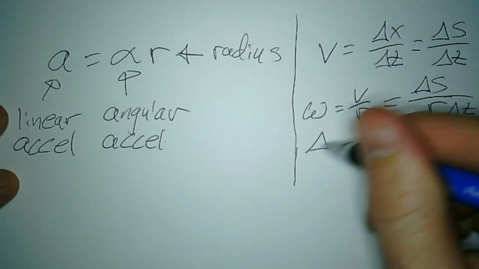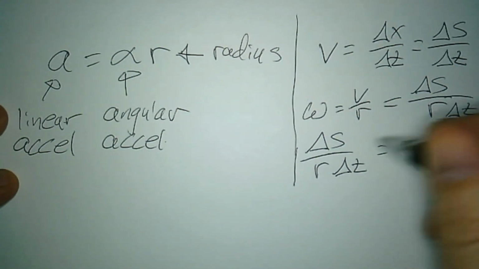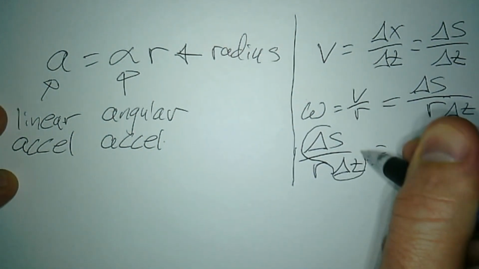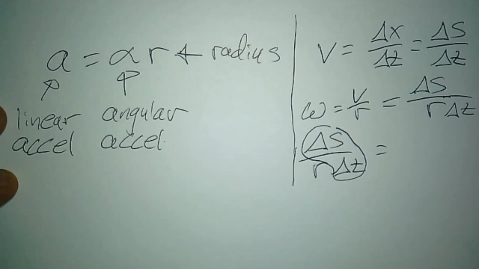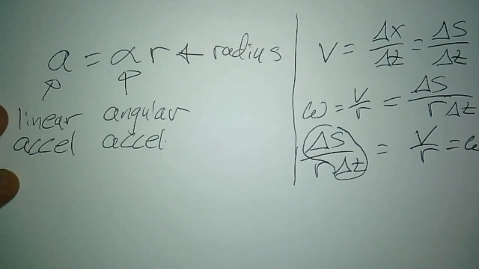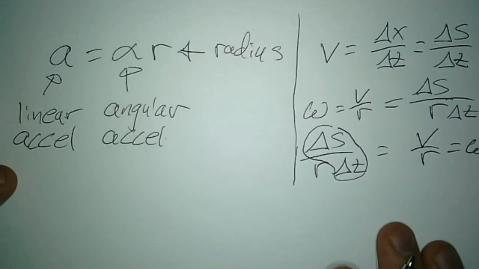And we know that delta S over R delta T is just going to be, well, this term here is speed. So that's going to be V over R, which we just said above was equal to omega. There we go. So, I mean, yeah, that's about it so far.